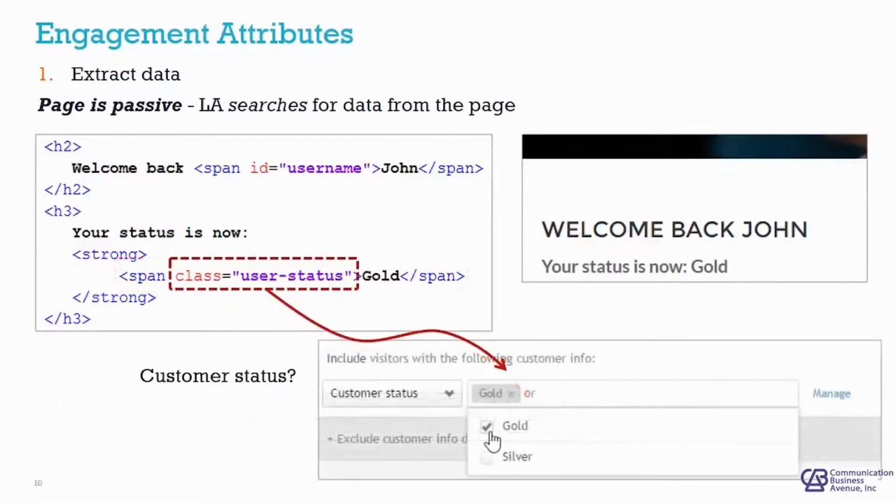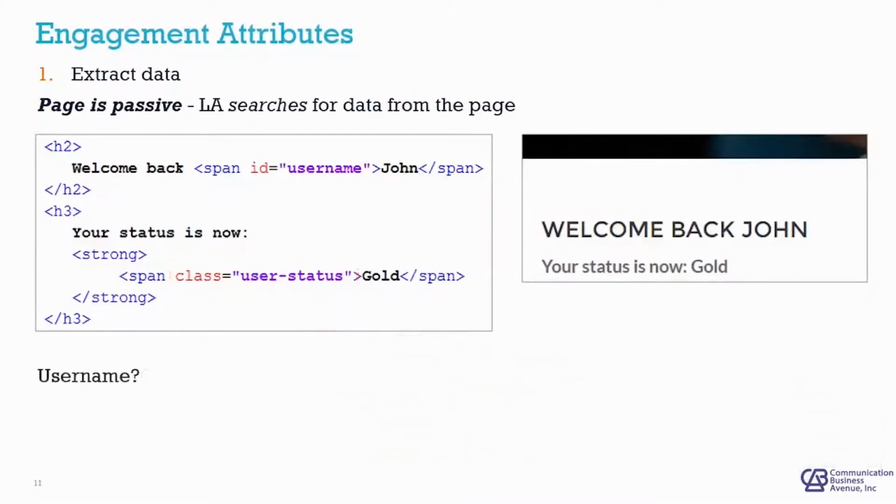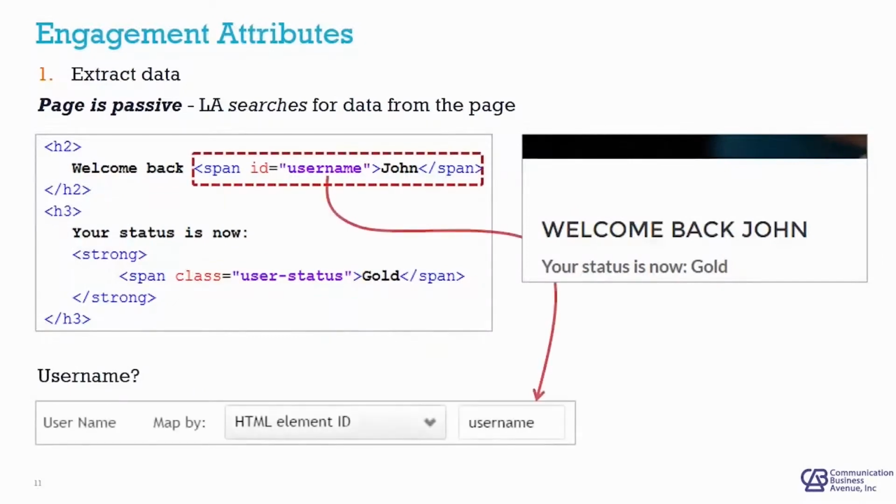Once tracked, we can have Live Assist manage the possible values this attribute can take to make selection easier. Let's take another example. Say we want to track the visitor's username. In this case, it's mapped in the markup to a span, a section, with an ID of username.